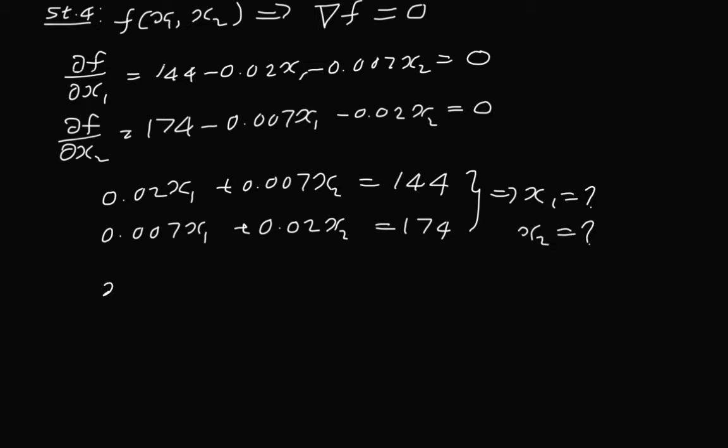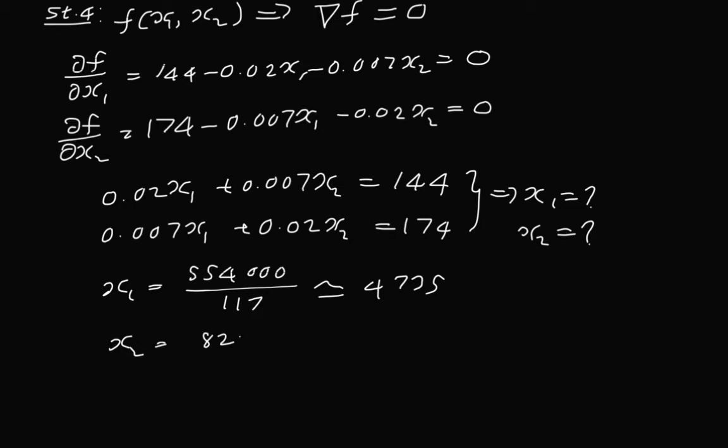I will give the x1 equals 554,000 divided by 117, which is approximately 4,735, and similarly x2 equals 824,000 divided by 117, which is 7,043.